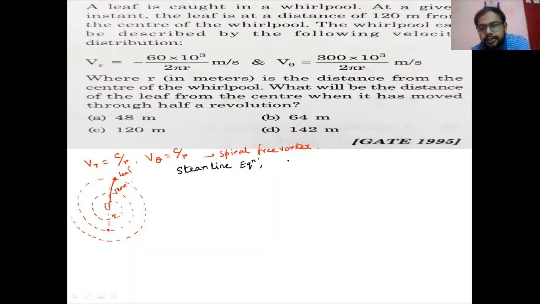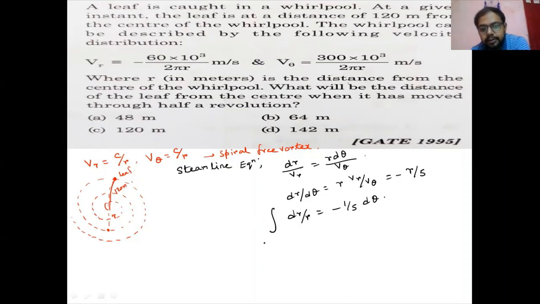So what would be the streamline equation? dr by vr equals r d theta by v theta. So dr by d theta gives r vr by v theta, and in this equation you can see here r by pi. So dr by r is equal to minus 1 by 5 d theta.